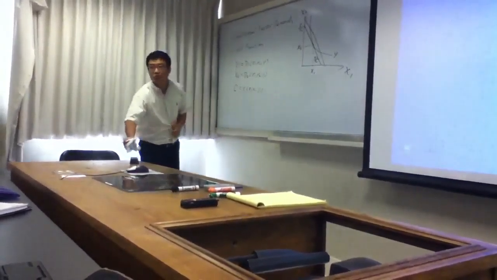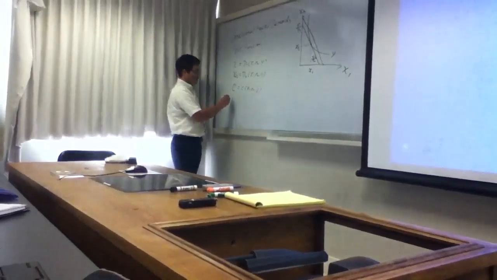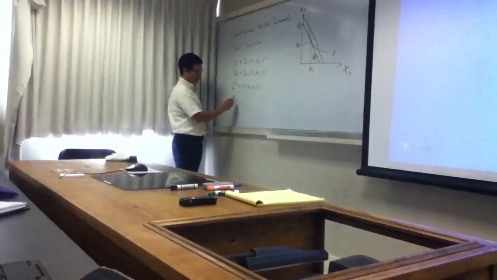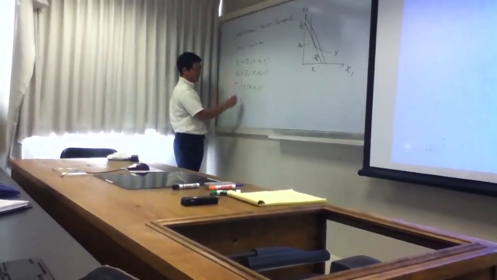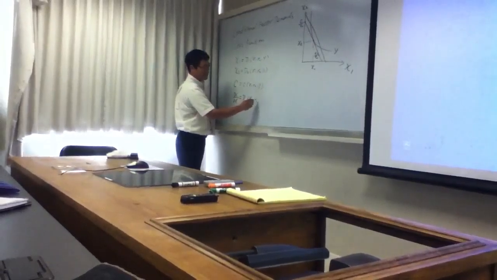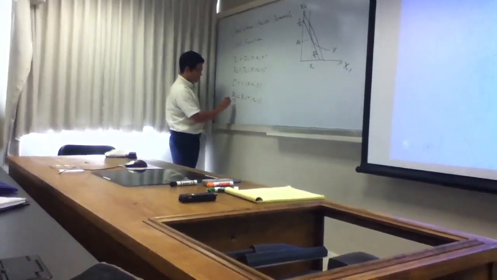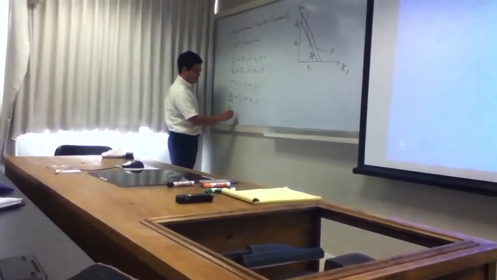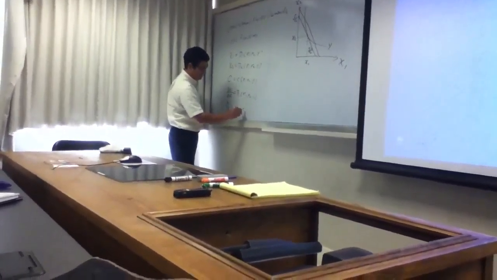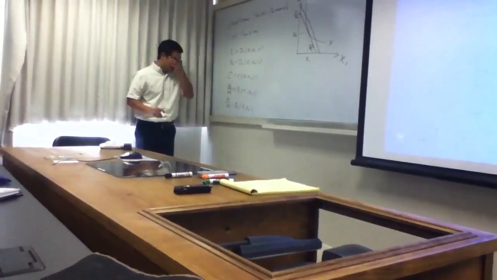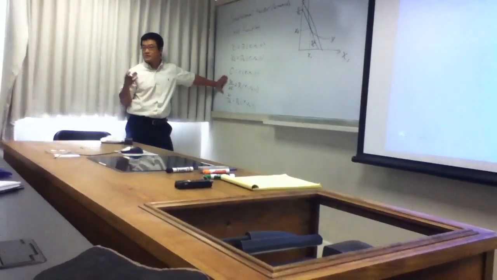A very important property is that the partial of the cost function with respect to the first price is x1, which is d1. And the partial with respect to the second price is d2. That's a very powerful result.